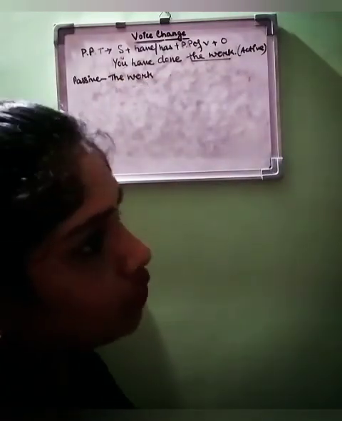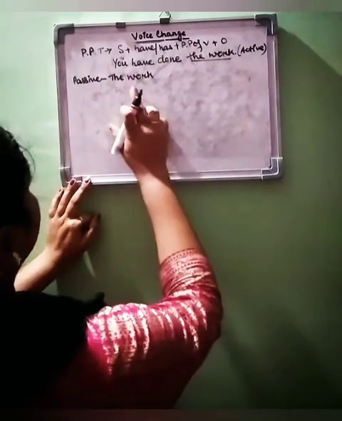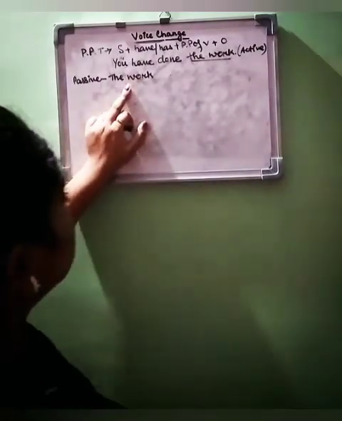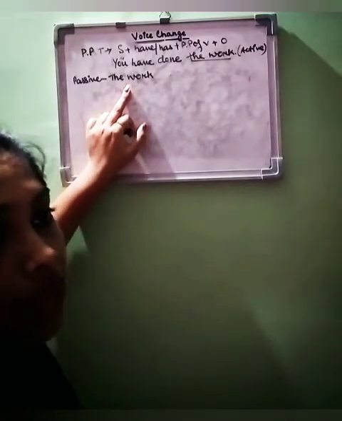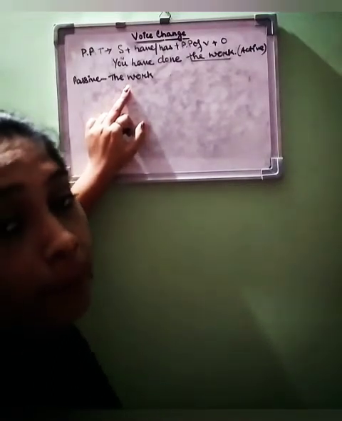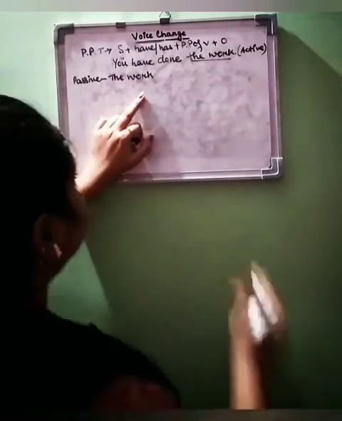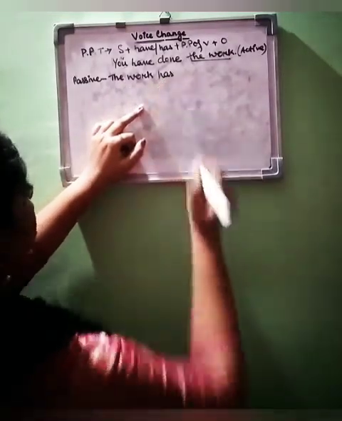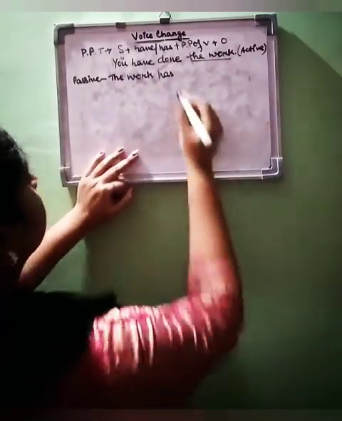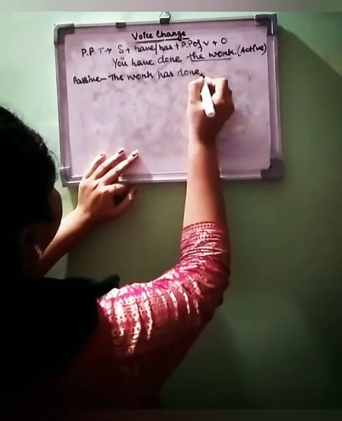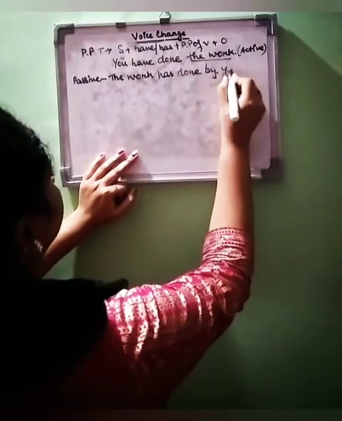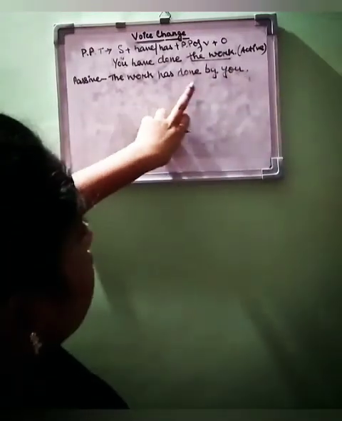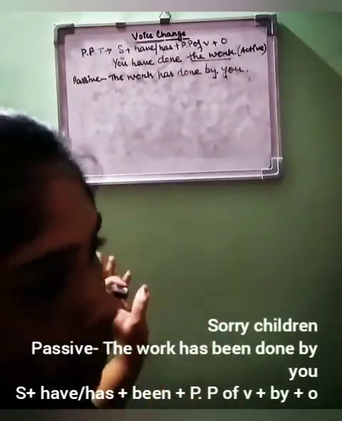Now as this is third person singular, with third person singular we use has in case of present perfect tense. Then done by you remains the same: The work has been done by you. This is in passive voice.